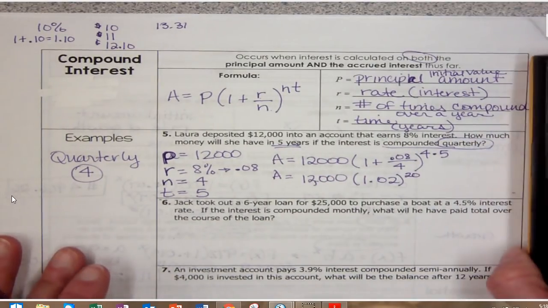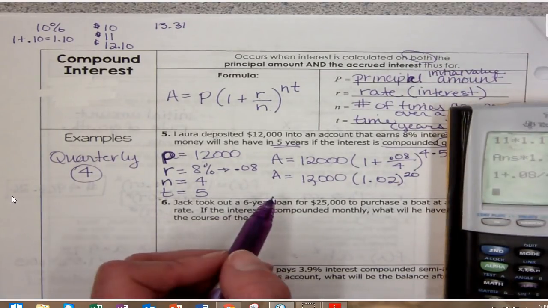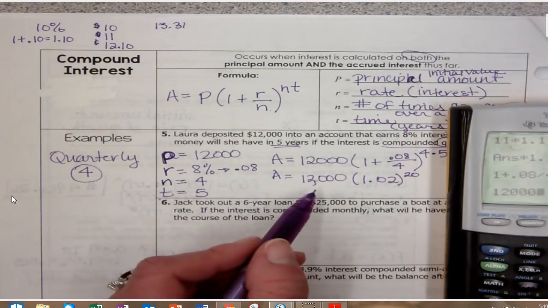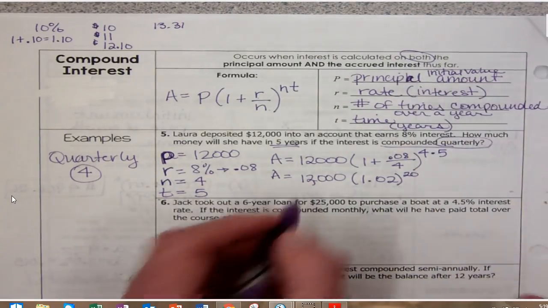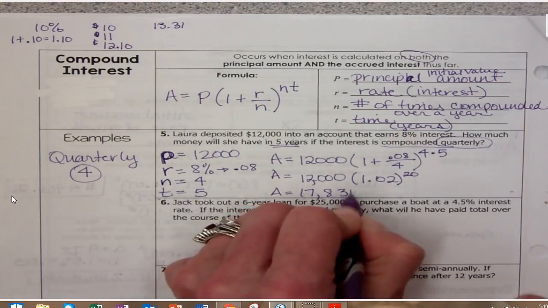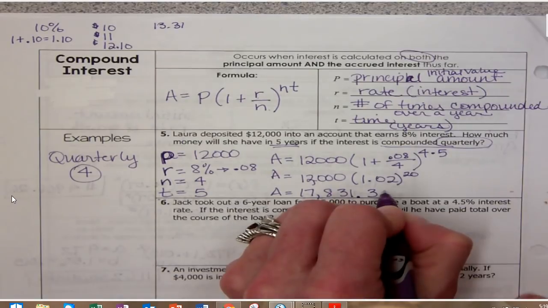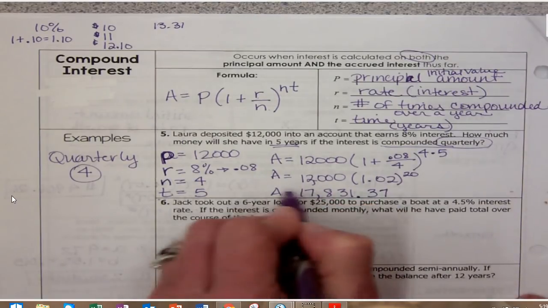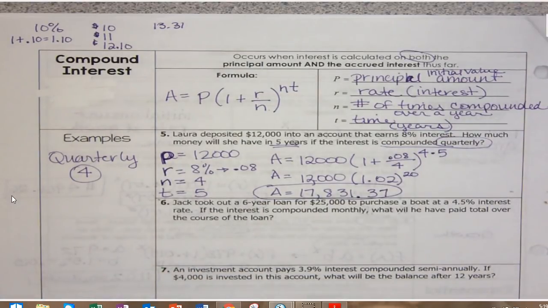Once you plug that into your calculator, you're going to get 12,000 times 1.02 raised to the 20th power. A is going to equal 17,831.368, but since we're talking about money, I'm going to round it to the cents.